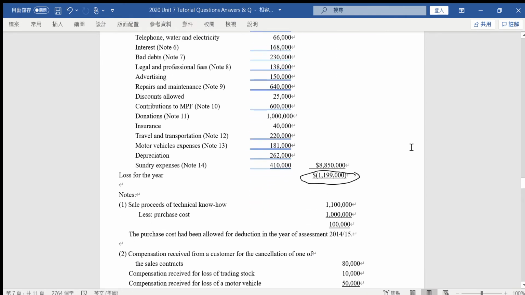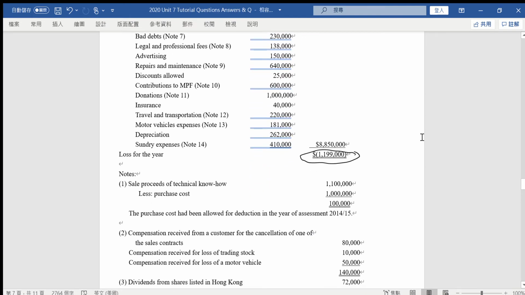Okay, then we look at note 1 about the sale proceeds of the technical know-how, and it has a gain of 100,000. Also, you mentioned the purchase costs have been allowed to deduct several years before already. Now the technical know-how is being sold away, and you get back more than the original cost, and the gain is 100,000.